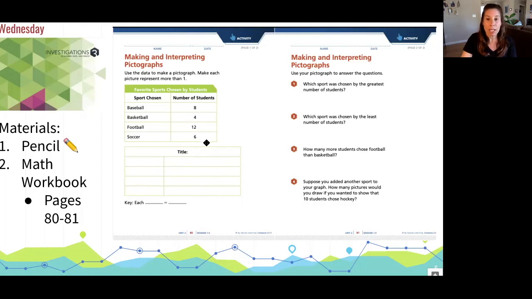So you may do that page, and then you're going to go to page 81, and you're going to use your pictograph to answer the questions. Number 1, read with me, follow along with your Mr. Magic pointy finger. Okay, ready? Number 1, which sport was chosen by the greatest number of students? Remember that word greatest?